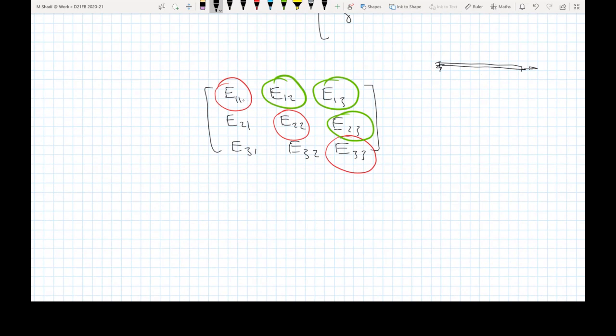The same is correct in this case. So the change in the unit length in the direction of x1, x2, and x3. The change in the unit length in the x1 direction is E11, in the x2 direction is E22, and in the x3 direction is E33.